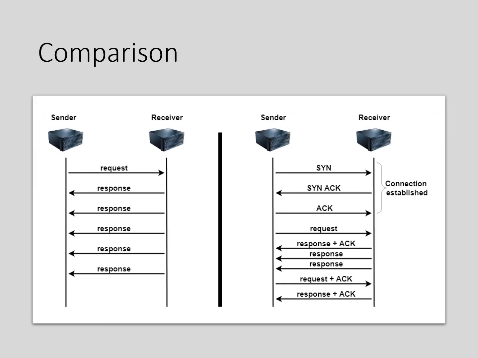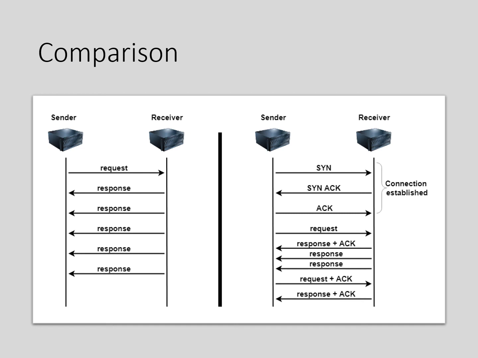This slide summarizes the differences between the two protocols. On the left here you see UDP, where the sender and the receiver just exchange request and response messages. There's no attempt to set up a connection or tear one down. On the right you see TCP, where there's the connection establishment phase using the SYN message and an acknowledgement message which sets up the sequence number for acknowledgements.